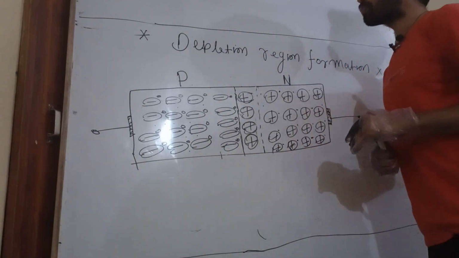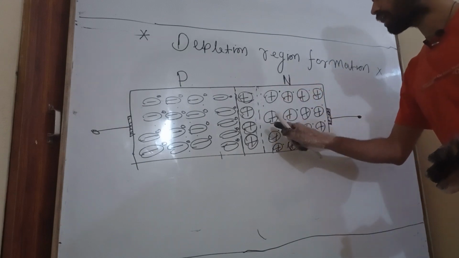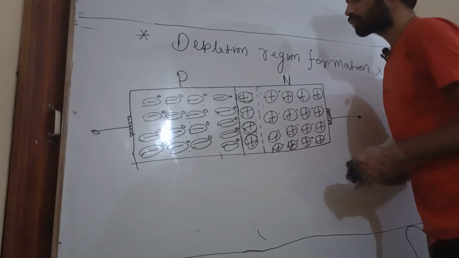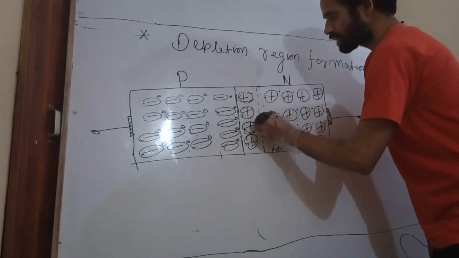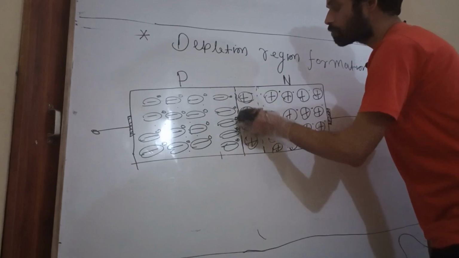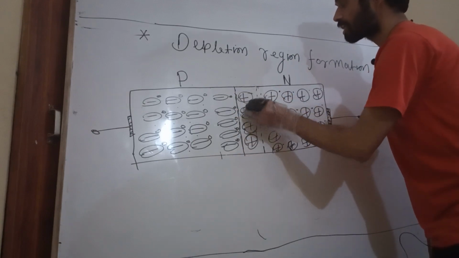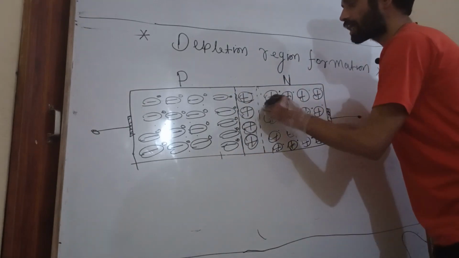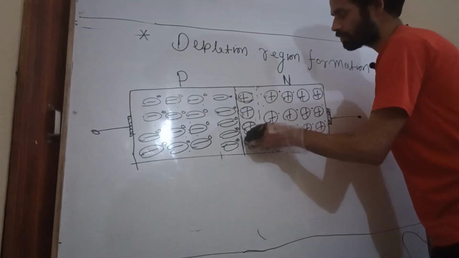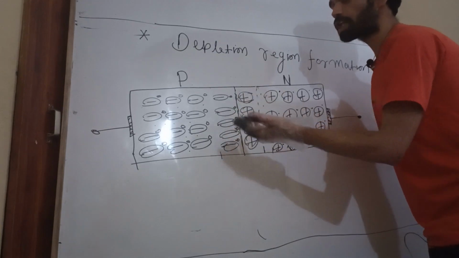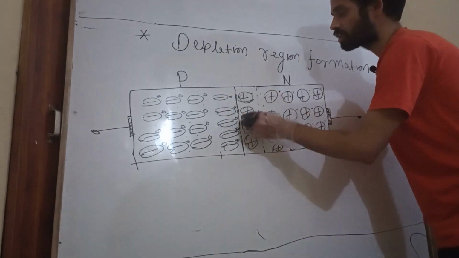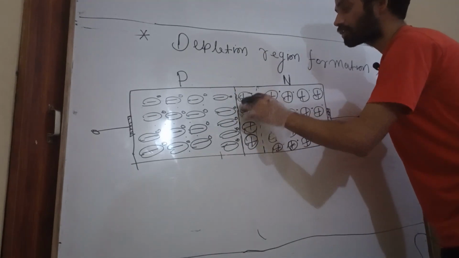So the positive charge on the n side is depleted. These positive charges are immobile on the n side, and they don't have any free electron for neutralization, so they are unneutralized.